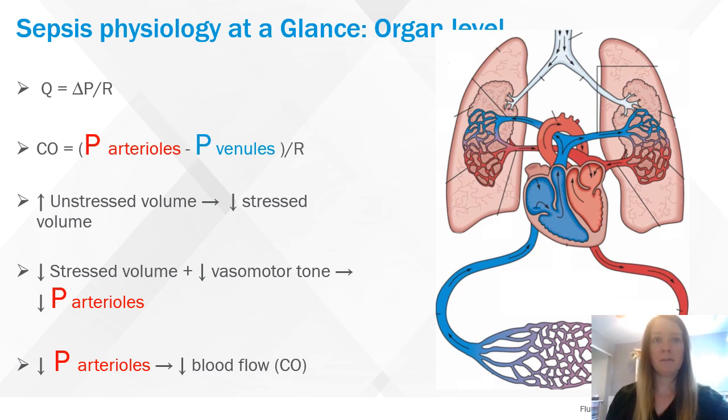So the part that we're going to be focusing on is the change in pressure, but the analogy in the cardiovascular system, we're going to talk about cardiac output as flow, which is Q.